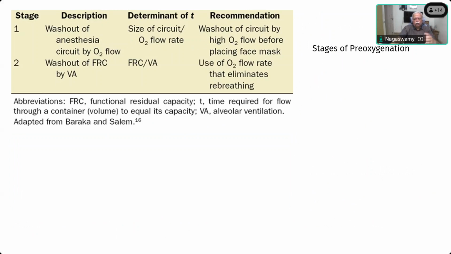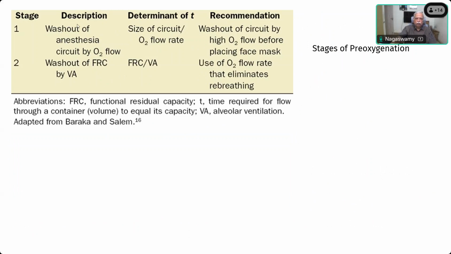And as you are closing it, you can place it on the patient's face, which will help in denitrogenating the breathing circuit first. Then you go to the lungs and you wash out the FRC from room air, as I told you, the entire 2500 ml can be replaced with oxygen. So the first step is to remove or denitrogenate the breathing circuit. The second step only you achieve next.